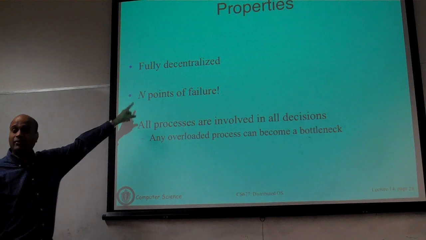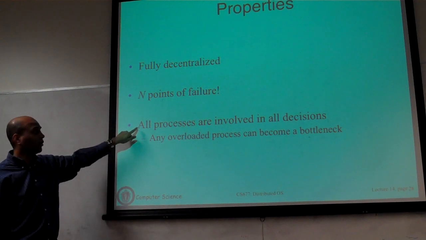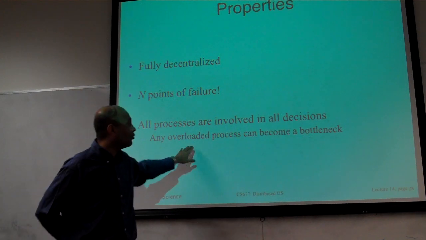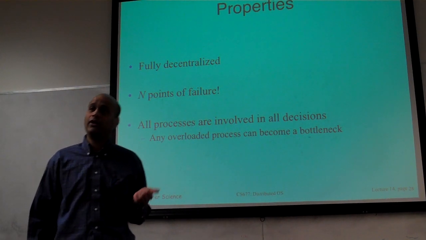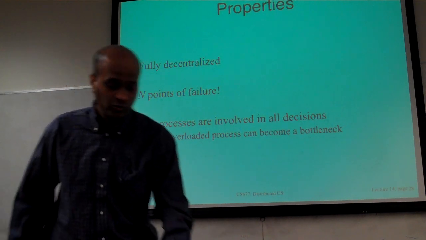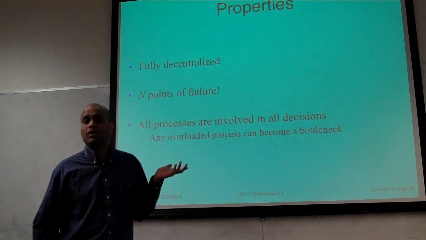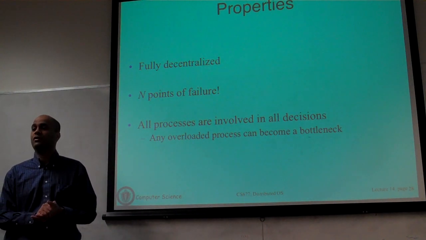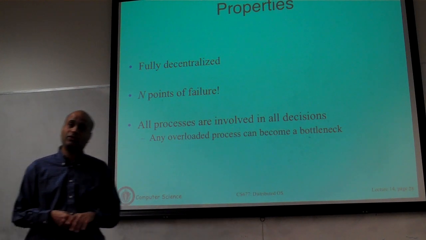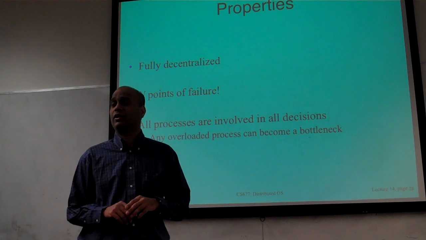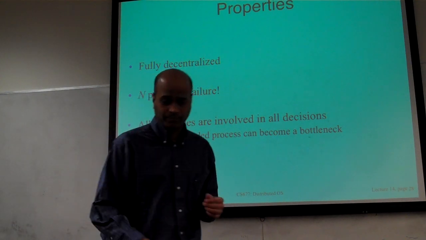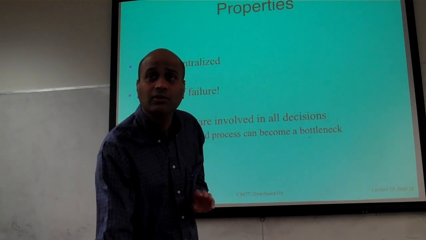Since all processes are involved in all decisions, either a failure of a process or having it overloaded can be a bottleneck or can cause a deadlock. So these are some things to keep in mind. All this says is that just making something distributed doesn't solve your problem. You have to think carefully about what properties your distributed algorithm has, and whether you can actually get better results rather than worse results. Any questions on this?